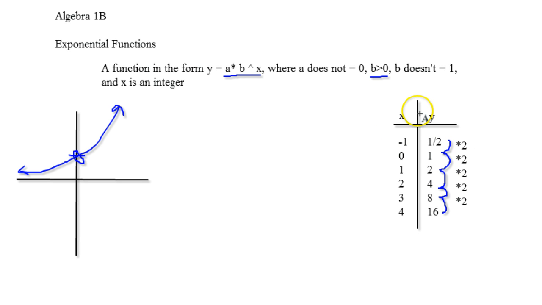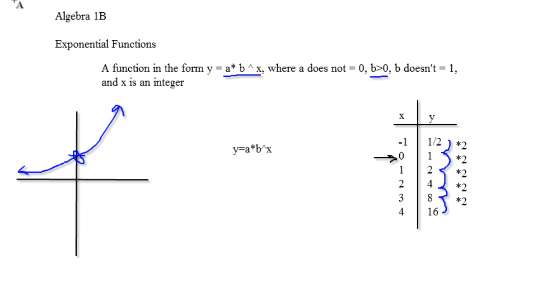Even though on this one you would be increasing on the x by plus 1s, that doesn't matter as much. Okay, but once again, we're going to use the 0 as our prime spot to know what a is going to be. So right over here, 1 is going to be a. So in our form of y equals a times b to the x, it's going to be pretty simple.